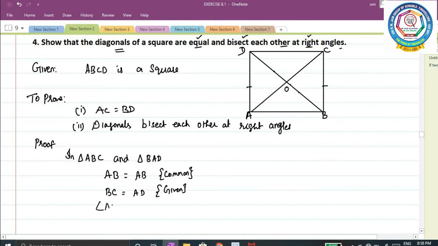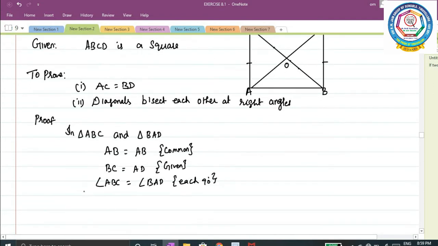Therefore, angle ABC equal to angle BAD, each 90 degrees. So here what congruence is coming? Side angle side. So by SAS congruence, therefore triangle ABC is congruent to triangle BAD.